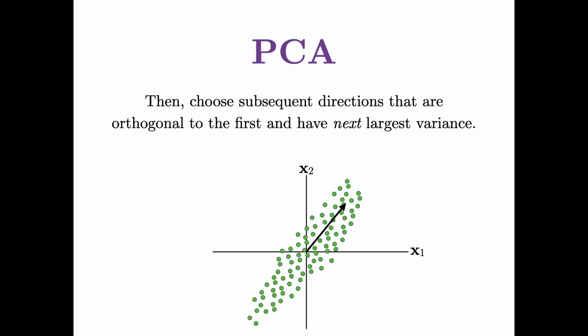And what we would do next is choose subsequent directions for the subsequent axes that are orthogonal to the first and have the next largest variance. Of course, when we're in this two-dimensional image, we only have one choice for that direction of next largest variance because it has to be orthogonal to the first.